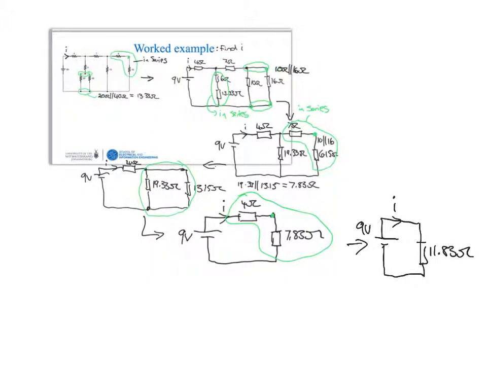And now we can finally work out the current I, which is equal to 9 volts divided by 11.83 ohms, and that is equal to 0.76 amps. That's the end of this recording.